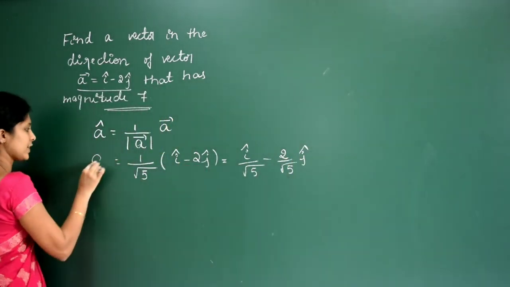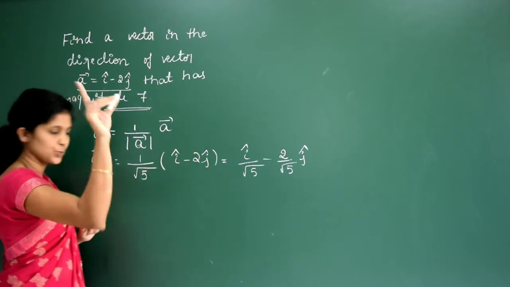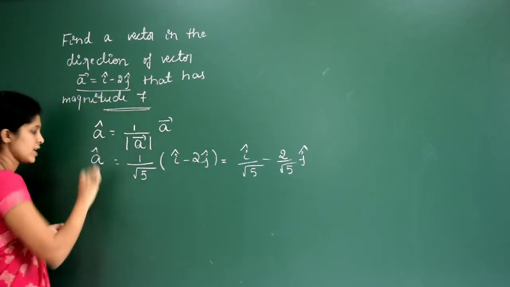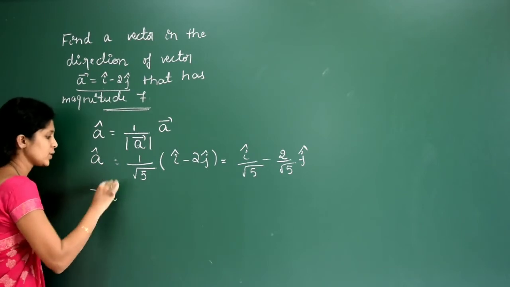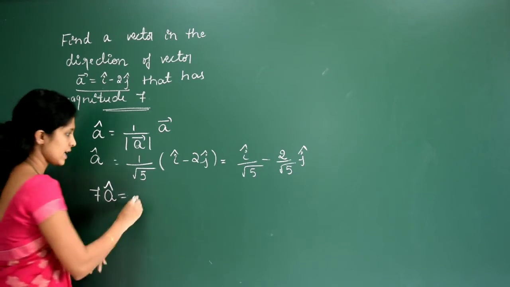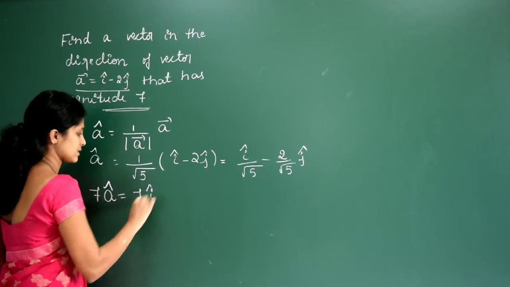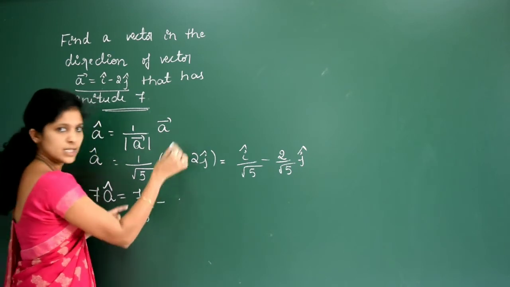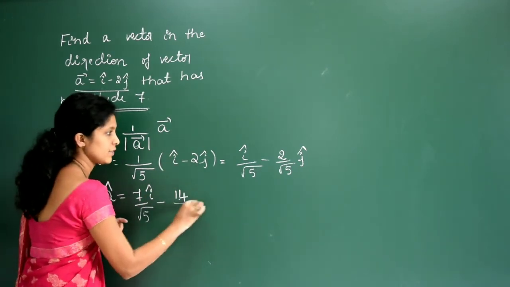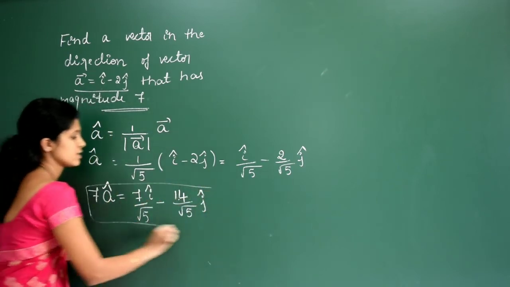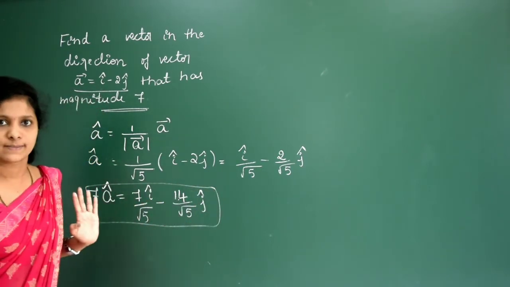Now this is a unit vector, it has magnitude 1. Now we have to find the vector which has magnitude 7, so we will multiply 7 with the unit vector, multiplying by a scalar. So this will be 7 by root 5 i cap minus 2 into 7, which is 14, divided by root 5 j cap. So this is the answer. Simple one, important for 2 marks.